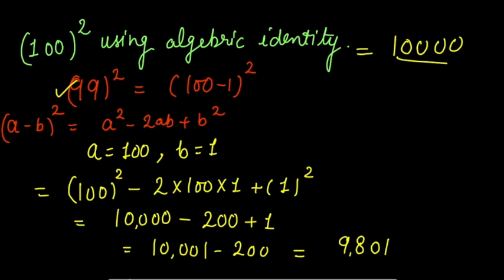Okay. Now you can pause the video wherever you want to note down something. I am moving to the last important property of squares, which I will be quickly discussing with you. This is very important.